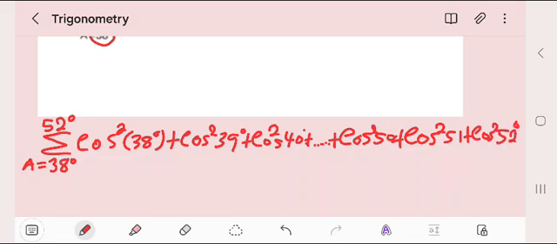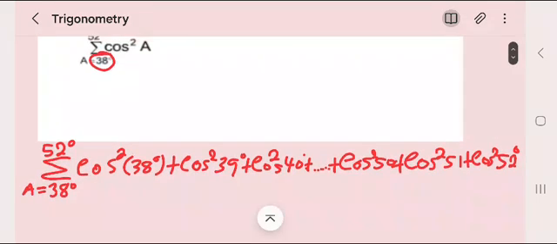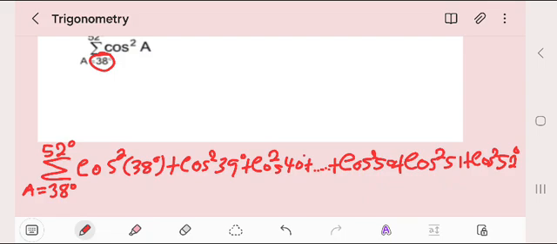So you see how I've expanded. We have the squares, and all of these you're supposed to add.